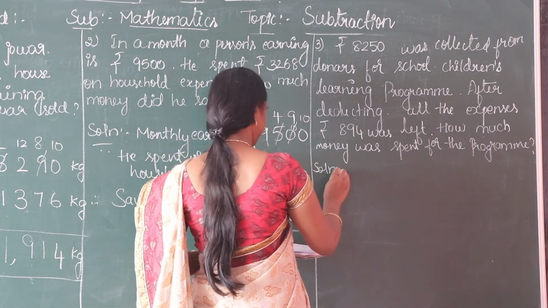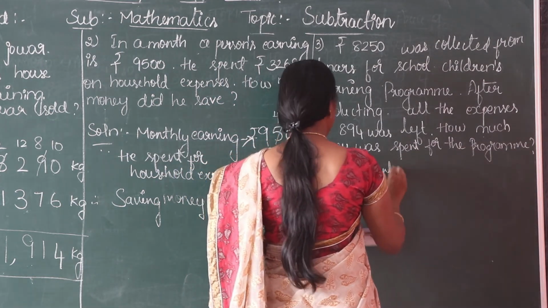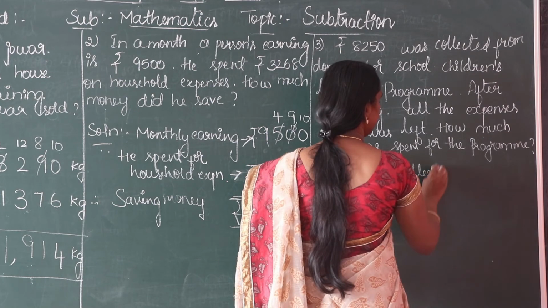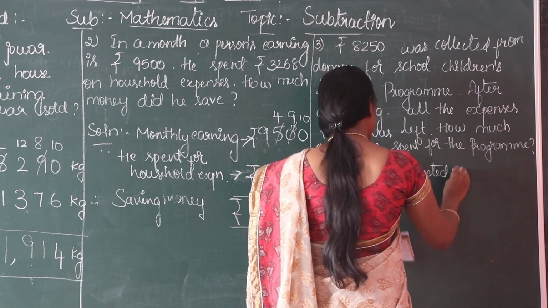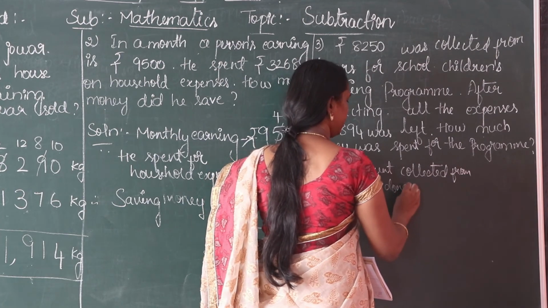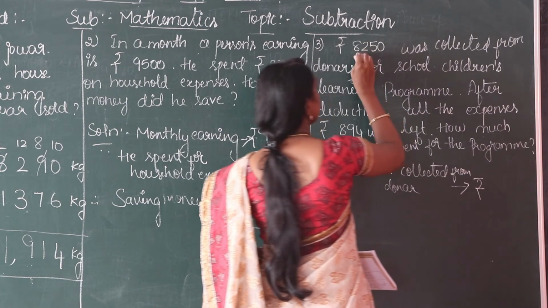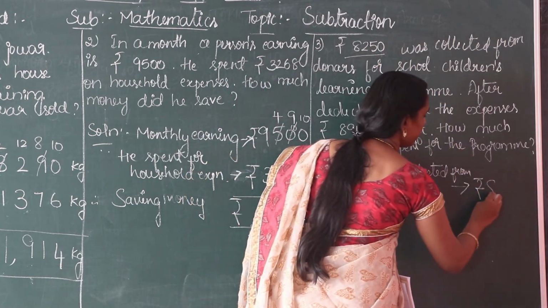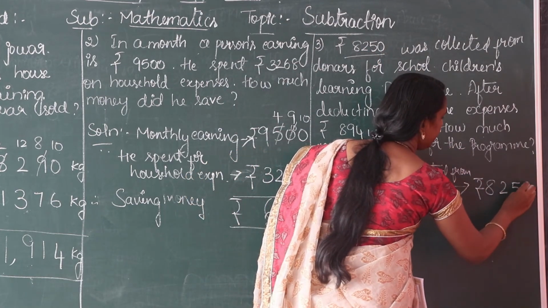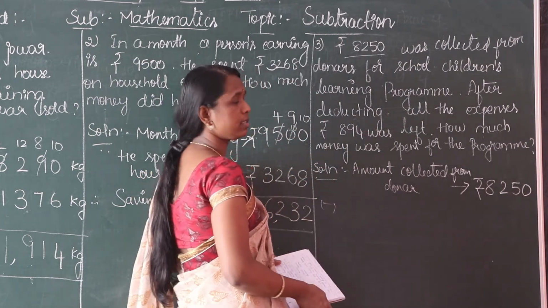Solution. Amount collected from donor is how much? Rupees 8,250. But he left some amount. How much?